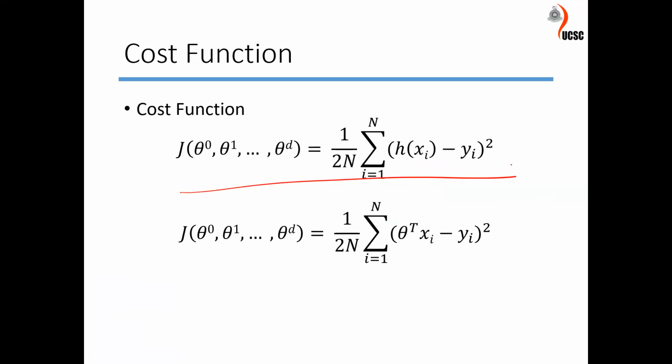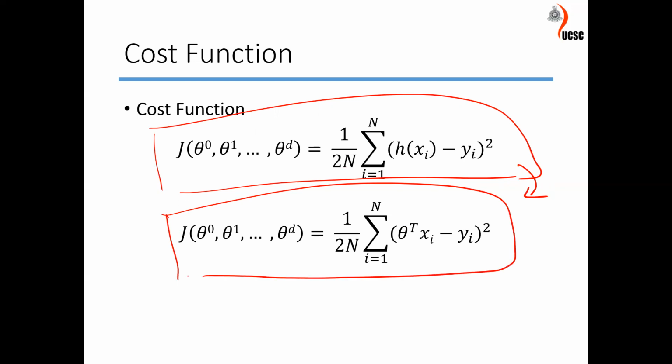So this was the cost function for the multivariate case, and we can replace it with something like this. We simply replace this h(xi) with our theta transpose xi.